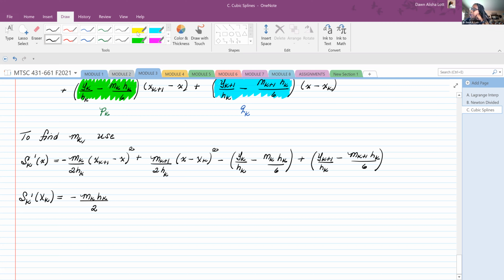When I put x_k in here, that term drops out. Then I'm still going to subtract off y_k over h_k, add on m_k h_k over 6, then add on y_{k+1} over h_k, and then subtract off m_{k+1} h_k all over 6.